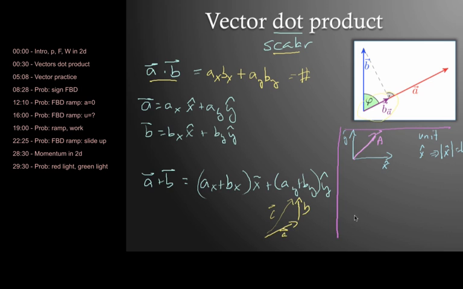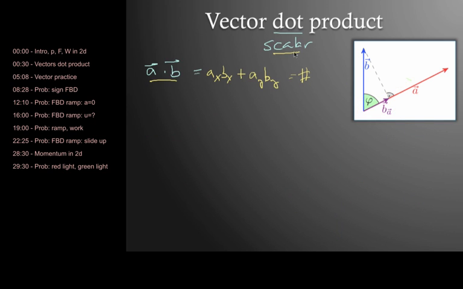And what I want to know is, what is A dot x hat? And what this will give me is the projection of A onto x. So if you imagine here, maybe you could tilt your coordinate system something like this. Maybe call this x, this y, and now we're doing B dot onto x. So it tells you the amount of B that's in the x direction. So what this is going to give you is just Ax.